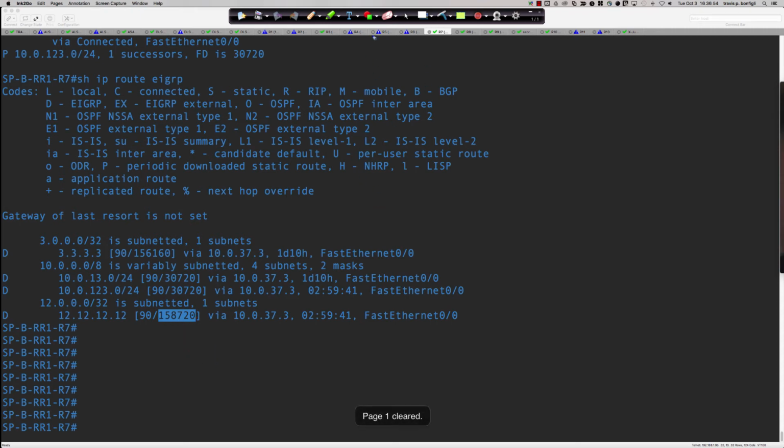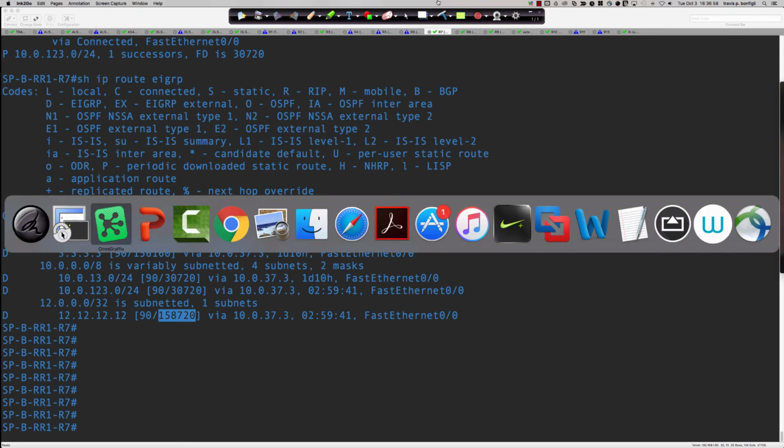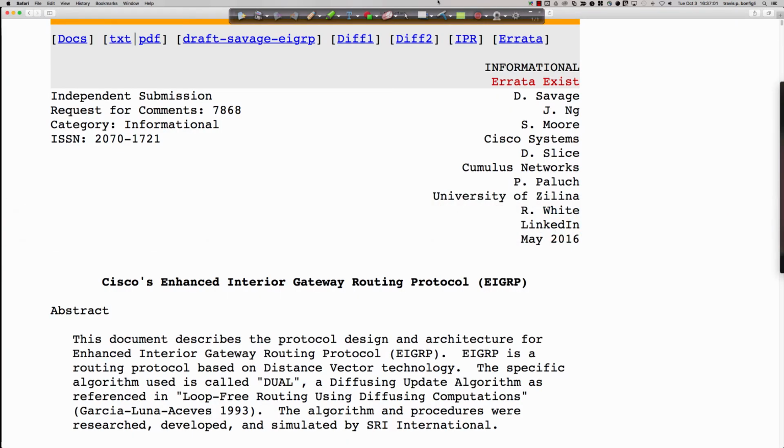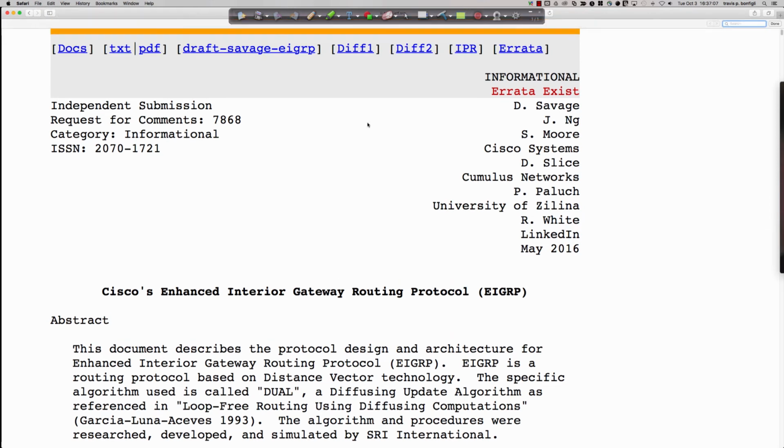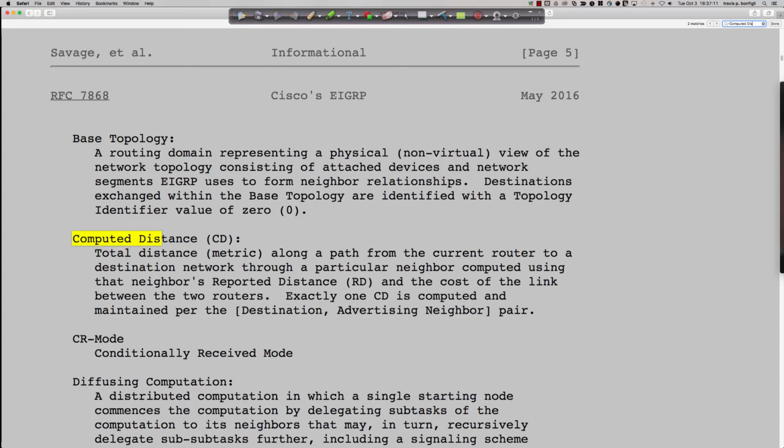And to make sure that I put some weight behind what I'm telling you, let's pull up the RFC for EIGRP, RFC 7868. I am going to dig through here and look for computed distance. You'll notice there's only two matches. Let's read this.